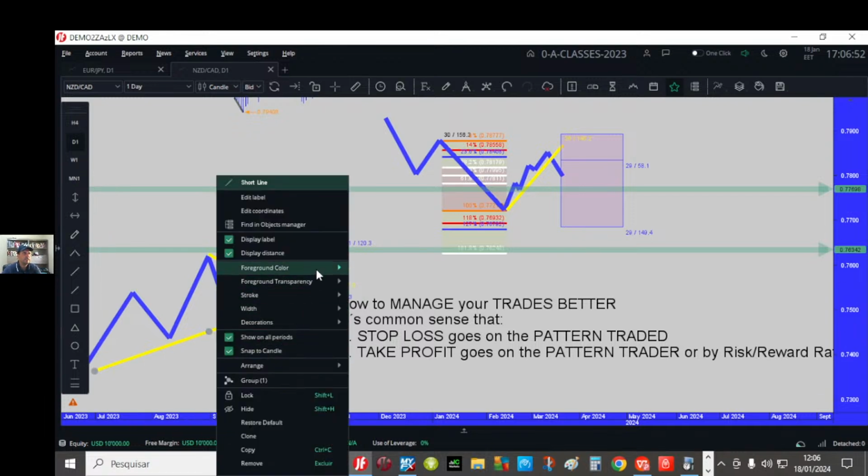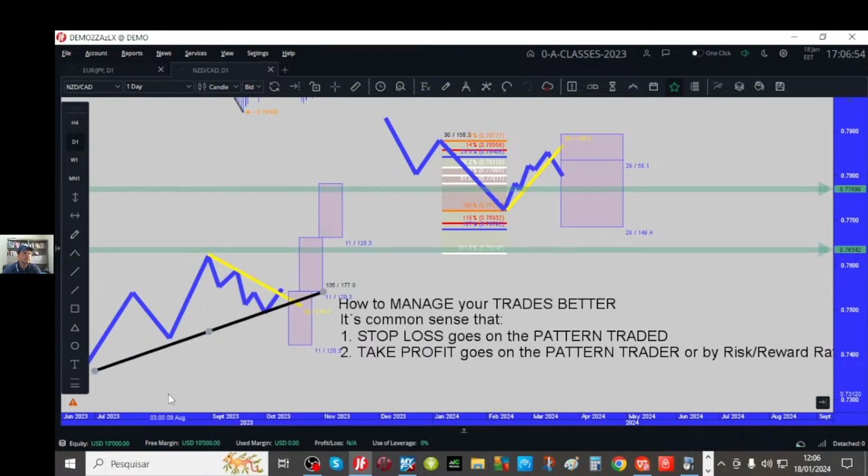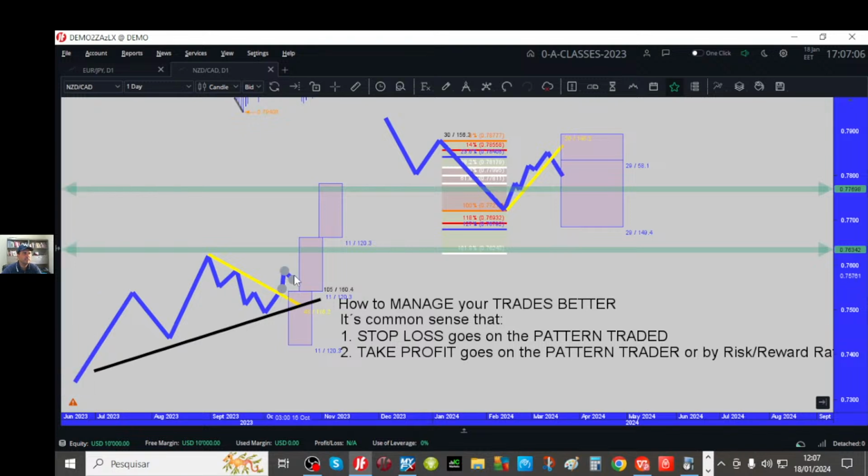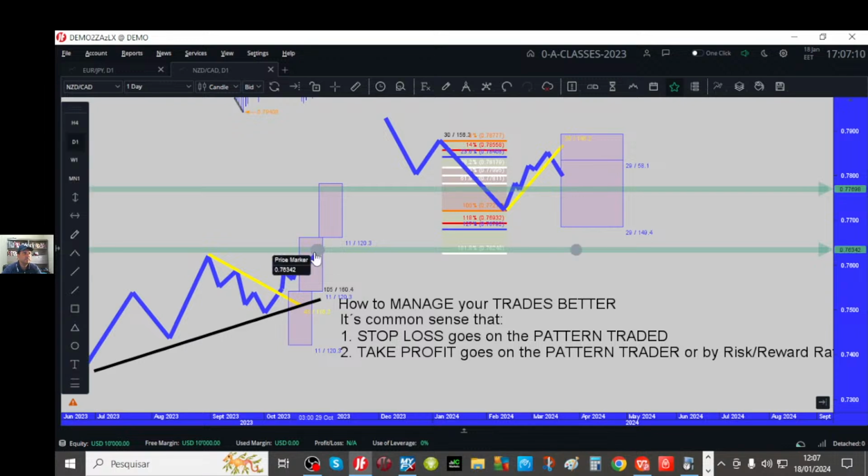Black uptrend line. So you are trading the uptrend. Your stop loss is in the correct place, and the market is moving in your direction, and if you're a good analyst, the market is going to hit the pivot point area.